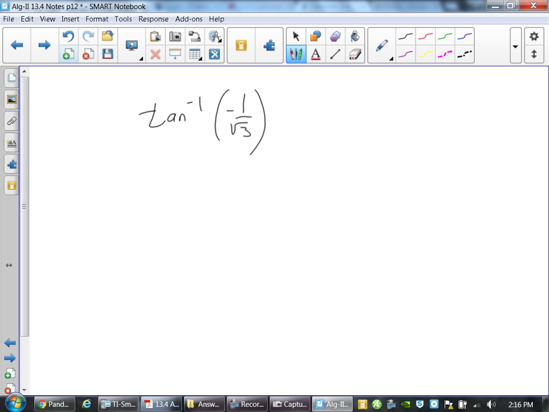Wow. Go on the one that looks like it's answered. Which triangle has the root 3s? 30, 60, 90.